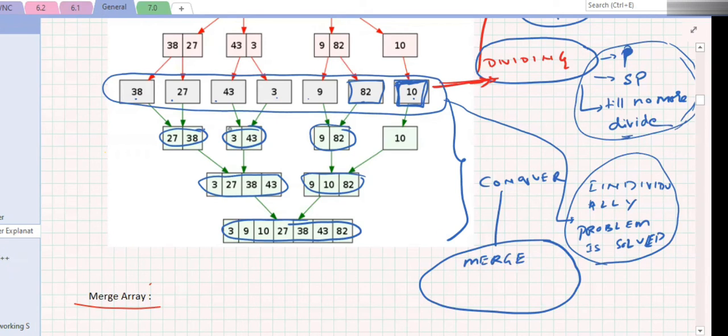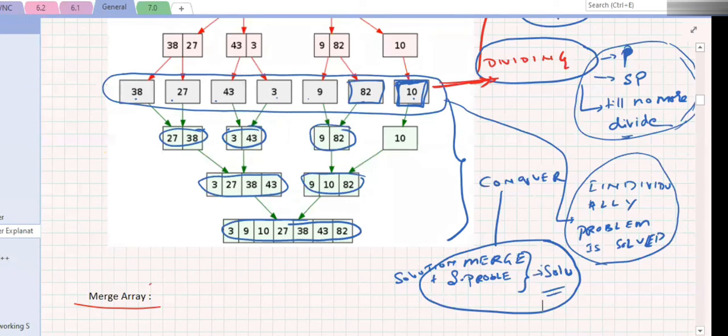So you have these two individual solutions. You are merging them to find the solution. So merge the solution to sub-problems to find the solution to the bigger problem.